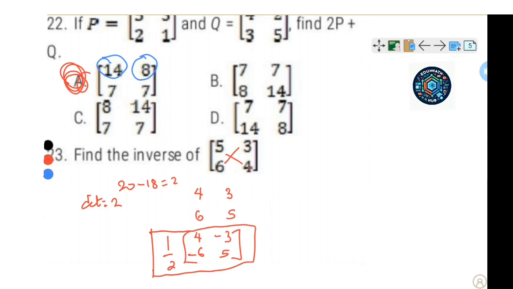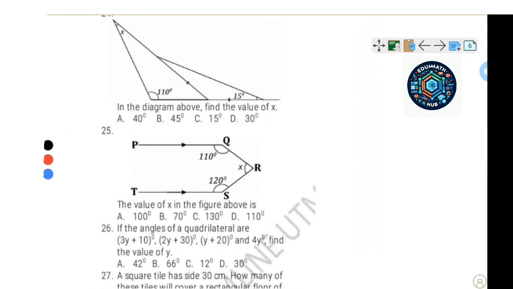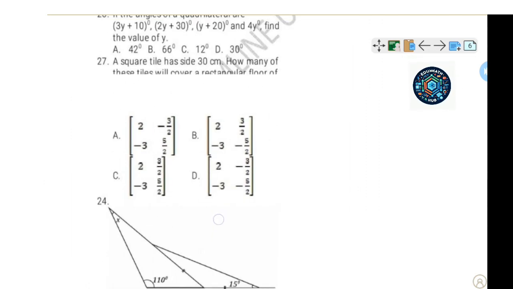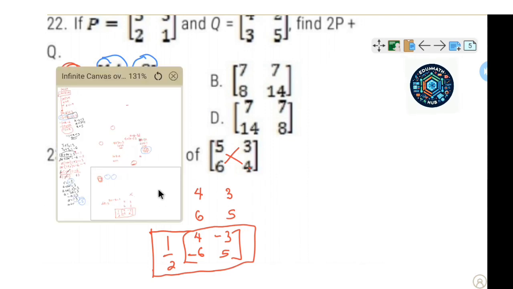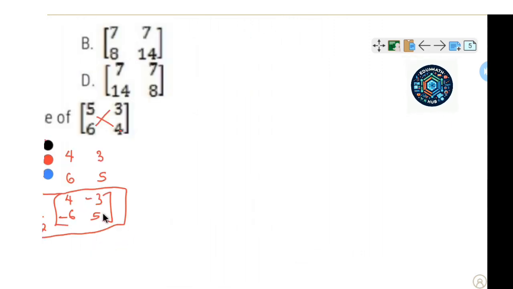So that will give you the inverse of that matrix. If you check it in the options, you will see at times it looks as if it's not actually there, but it is. You can use 2 to divide every term here.